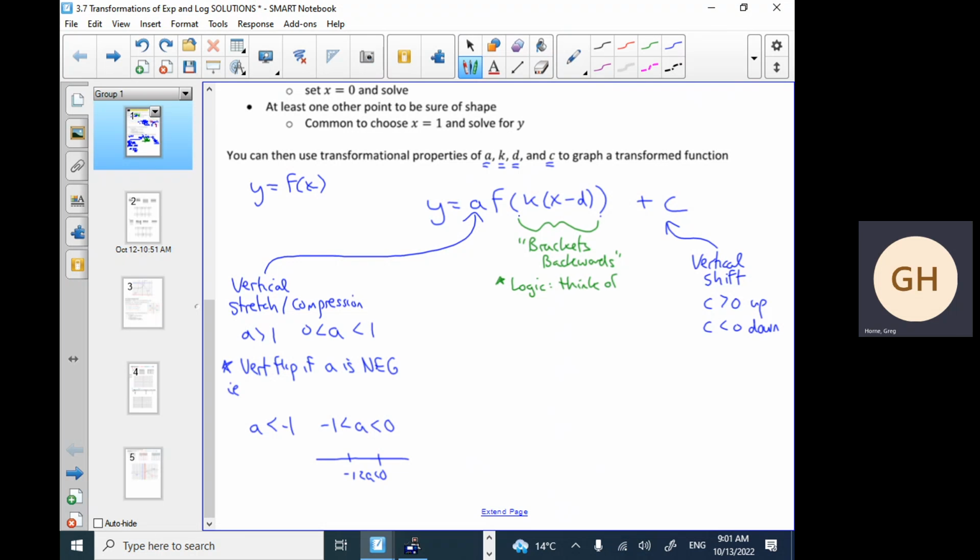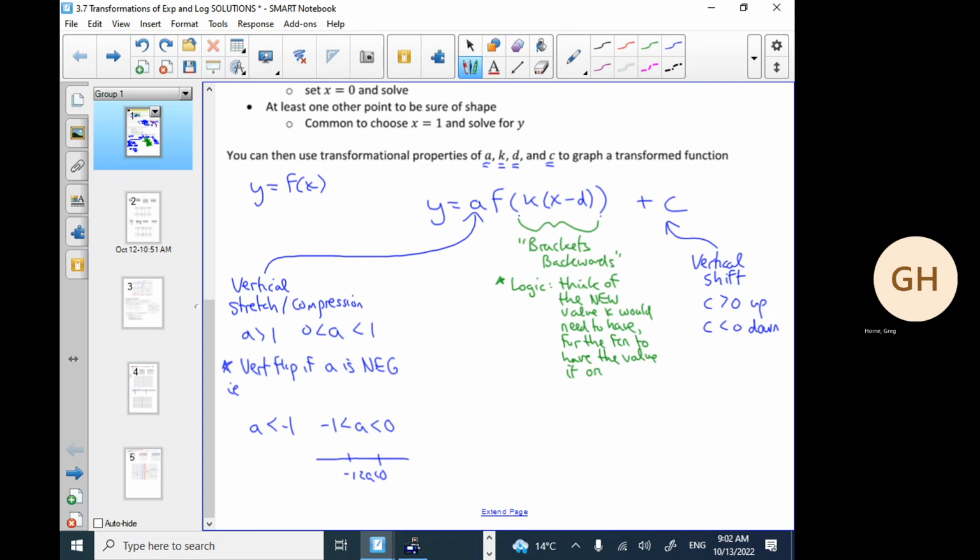So think of the new value of x. The new value of x we need to have for the function to have the value it would originally have.